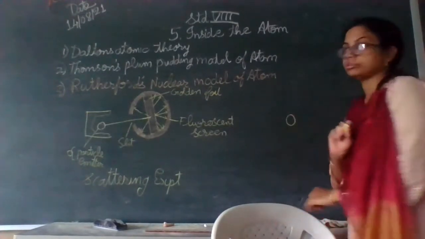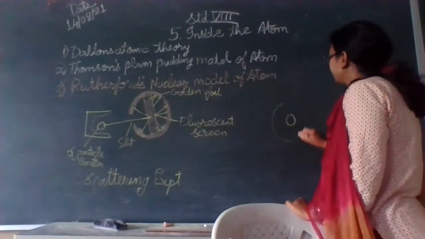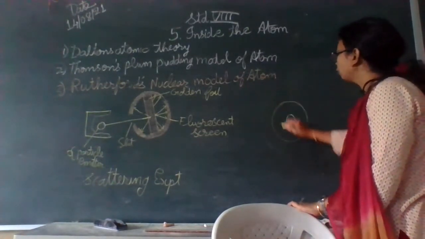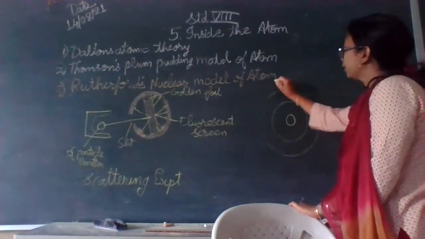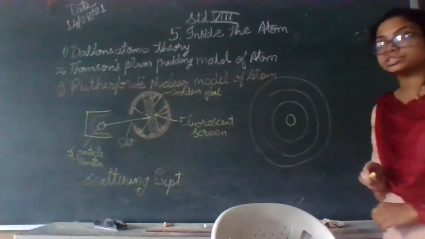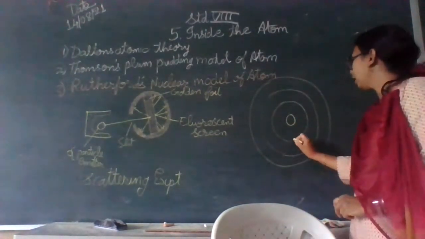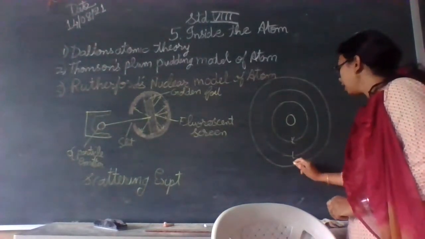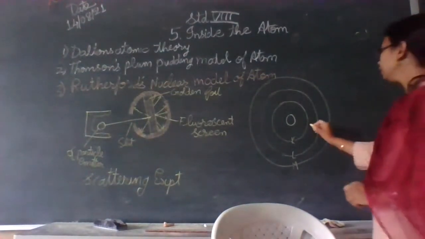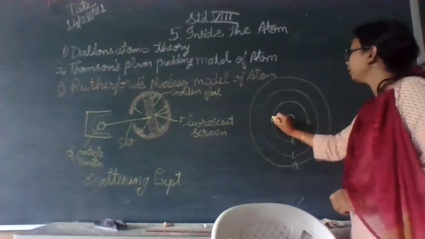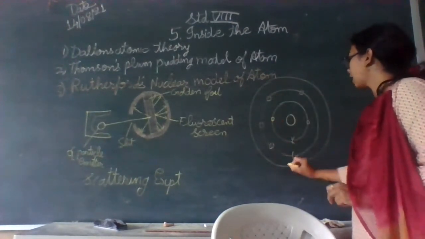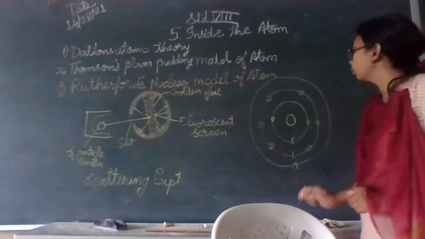The nucleus is at the center and the negatively charged electrons are moving around the nucleus in concentric circles, orbits, or shells K, L, M, N. That way he named these shells in which the electrons are moving, and he also told that only the proper amount of electrons can be accommodated.